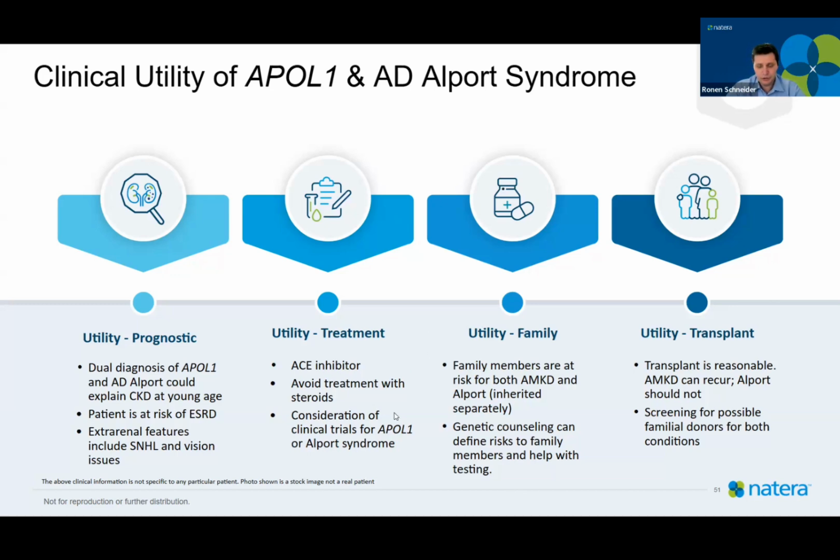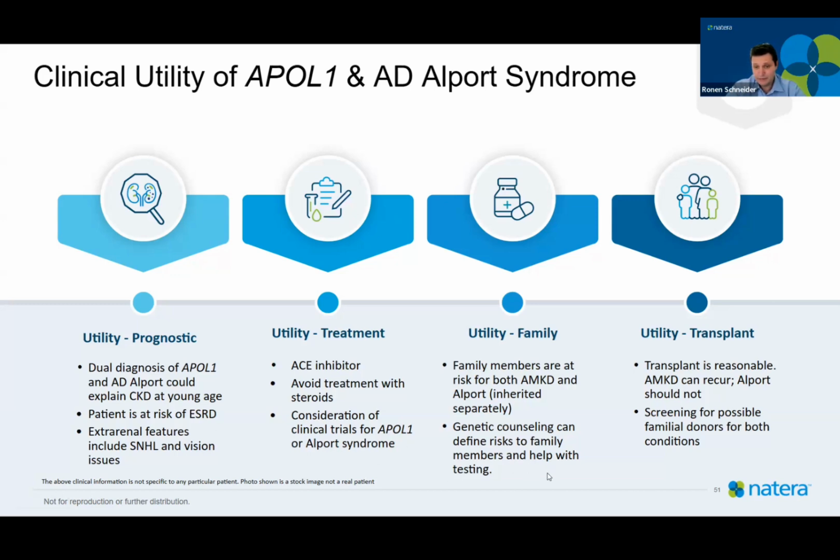Now, SGLT2 inhibitors probably are also indicated for these patients. We know that we avoid treatment with steroids, had this patient undergone a kidney biopsy and we see an FSGS, as was discussed before. And since he has two risk alleles for APOL1, we also want to consider him for clinical trials for APOL1 or emerging trials in Alport syndrome.